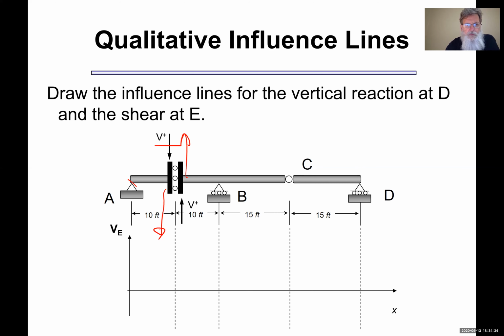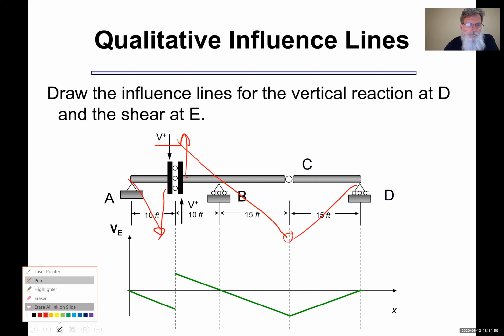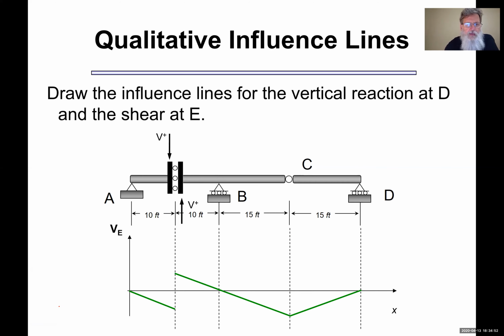So I'll rotate down, seesaw over B, hinge at C, back to D. And I'll get a shape that looks something like this. That's pretty cool. We were able to do it so quickly. So again, I would have had to write one set of equations here, a second here, and then a third here, whereas I was able just to sketch this almost by inspection.